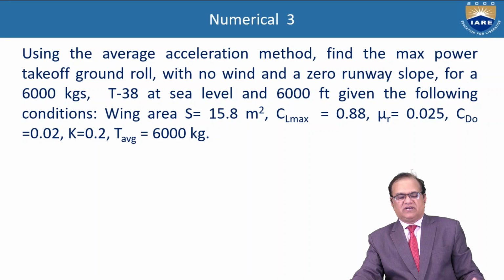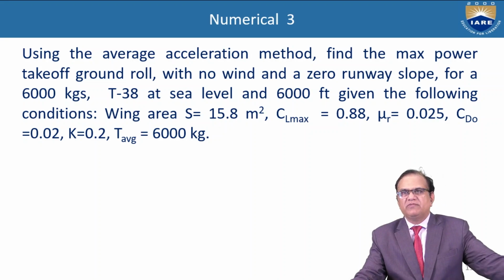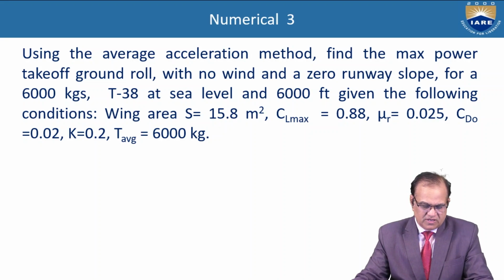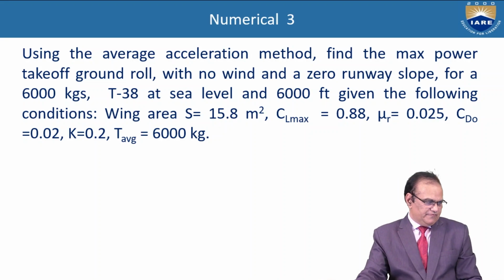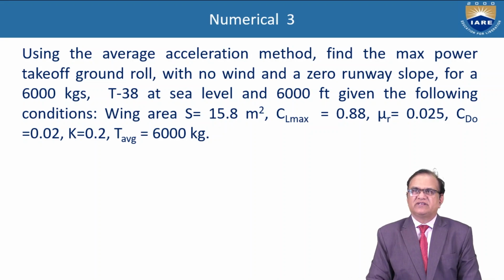Now I will go for the third problem, and in this problem I will just read out the problem. Using the average acceleration method, find the maximum power takeoff ground run with no wind and a zero runway slope for a 6,000 kg T-38 at sea level and 6,000 feet given the following conditions.